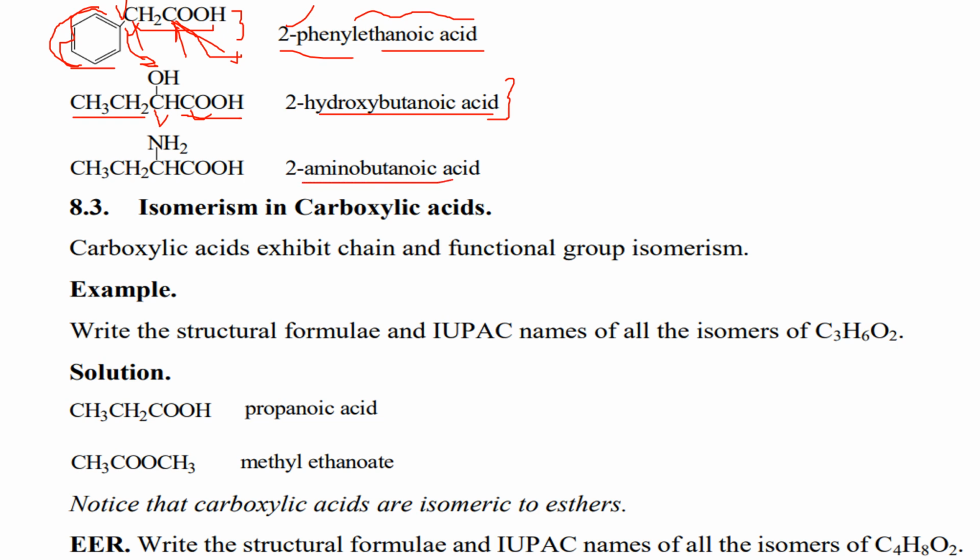Now looking at the isomerism in different carboxylic acids, carboxylic acids exhibit both chain and functional group isomerism. If you look at the examples under isomerism, for example, you have this question: write the structural formula and the IUPAC names of all isomers containing a general molecular formula of C3H6O2.